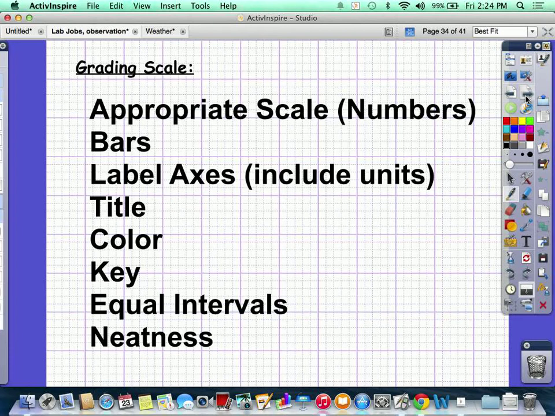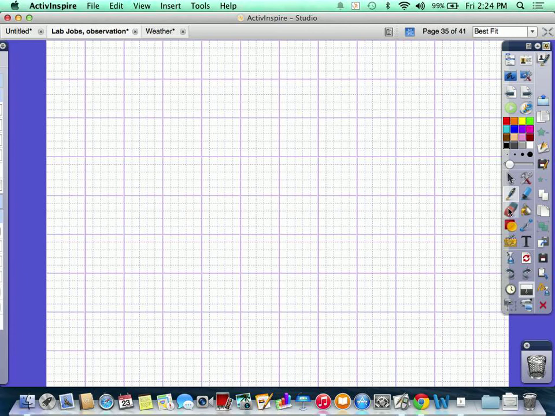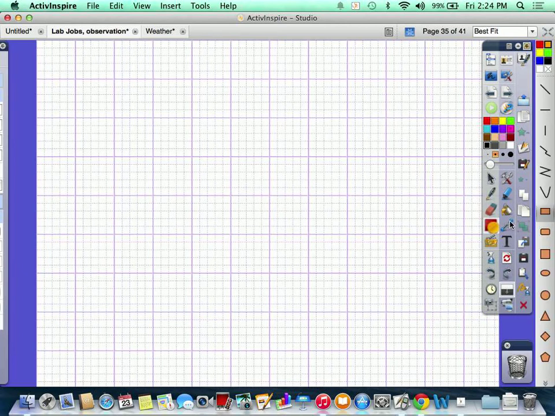Now, here's the other thing I want us to focus on. This is the thing that's been giving people trouble today. Equal intervals. Okay, when you start putting numbers on your graph, you've got to decide what intervals your little boxes are going to represent. So here's what I mean by that. Let me get a line here.